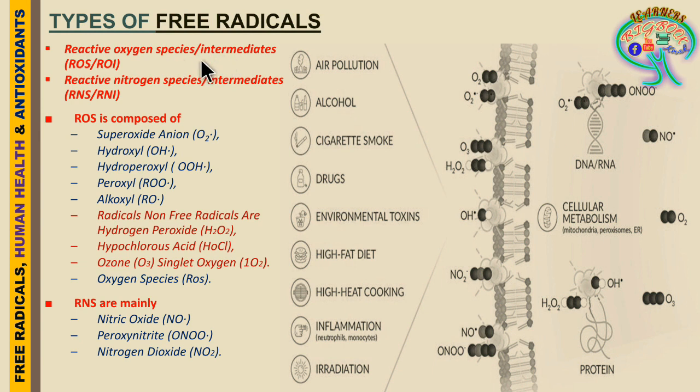And next, reactive nitrogen species or intermediates, where nitrogen is the main atom or molecule that reacts with the molecular structure. Here are peroxynitrite and nitrogen dioxide, but the major effects are seen under ROS, the reactive oxygen species.